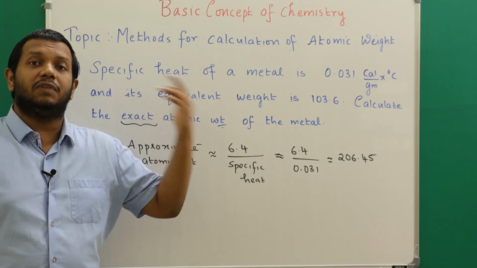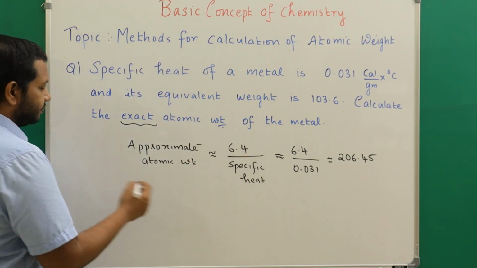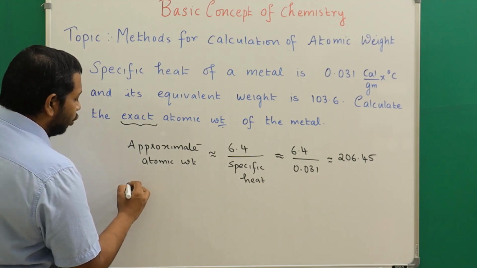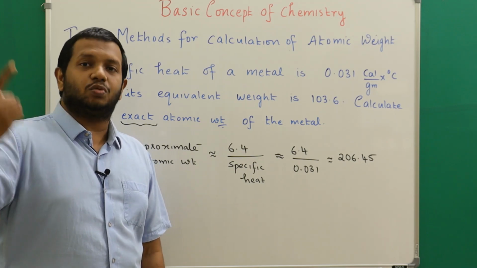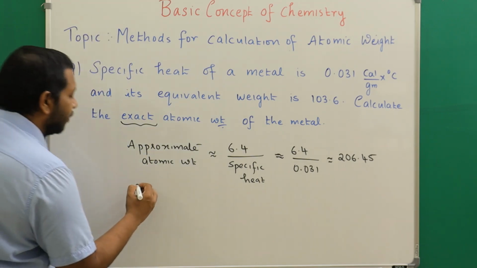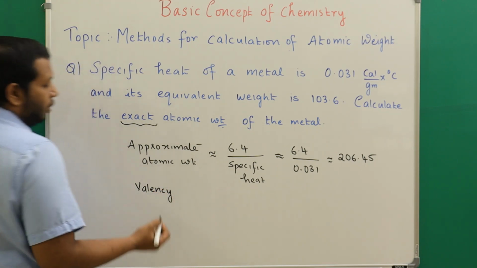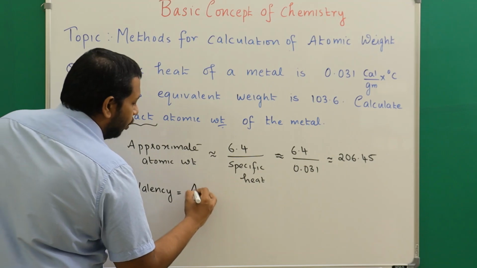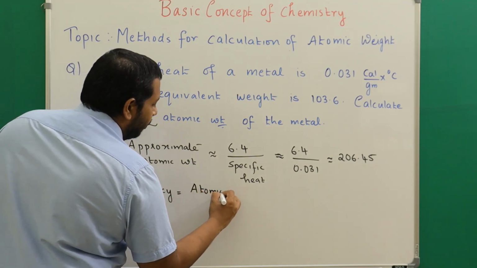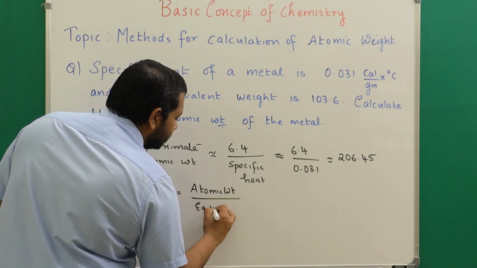Here is where we will apply the first formula we have learned. We know that atomic weight is equal to equivalent weight into valency. So what is valency basically? Valency is equal to atomic weight by equivalent weight, correct?